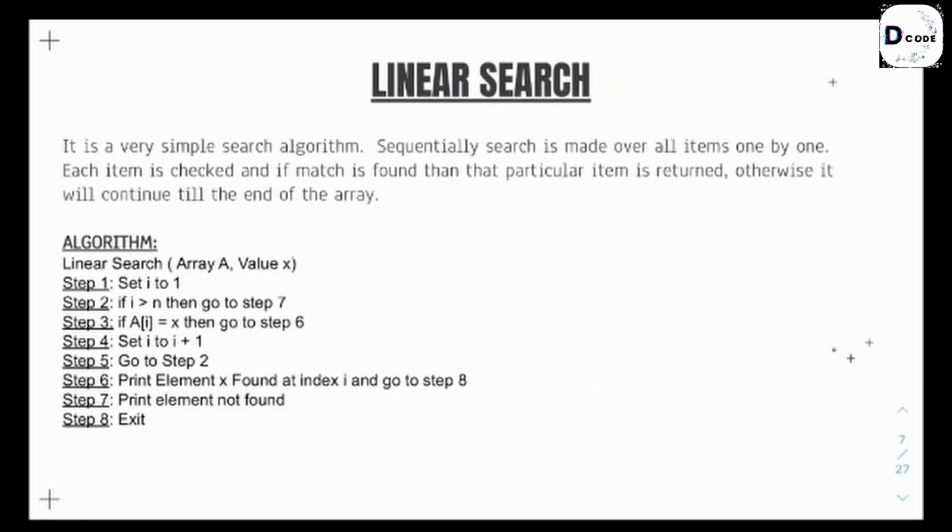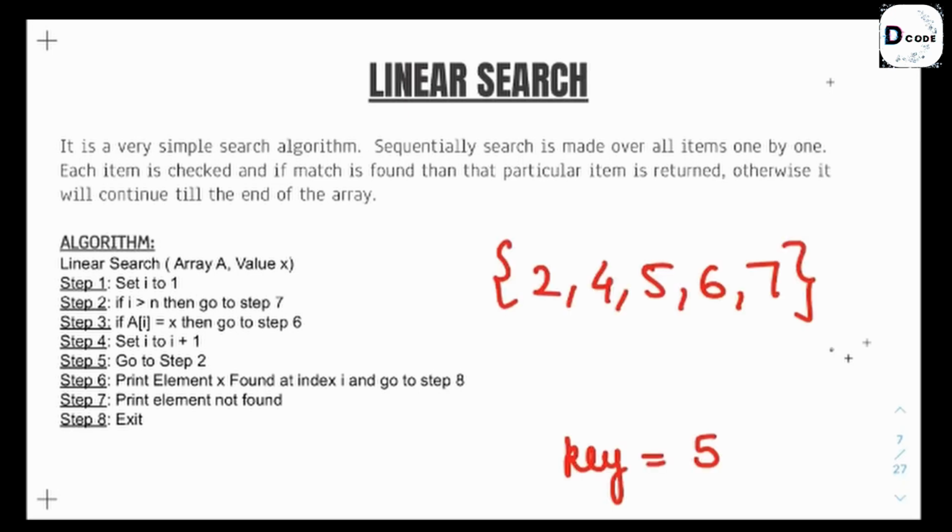Linear search is a very simple search algorithm. A sequential search is made over the items one by one. Each item is checked until the item that needs to be found is reached. So by writing the logic for linear search, the compiler will start from 2 and go till 7. So it will iterate from 2 to 4, 4 to 5, 5 to 6 and 6 to 7.